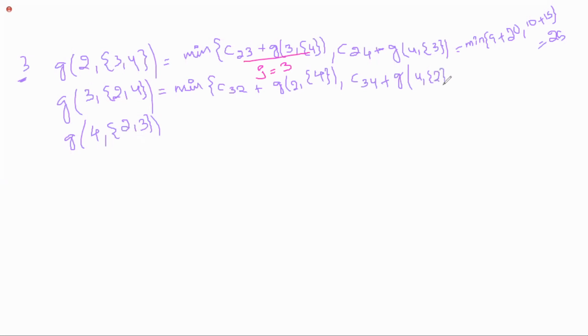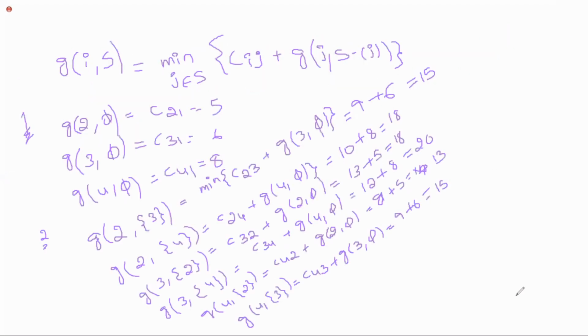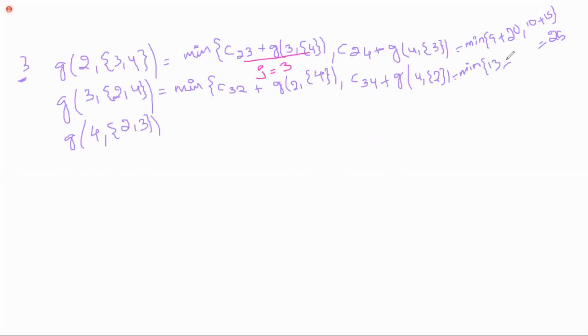What is C32? Can anyone tell me? 13. 13, ma'am. What is G24? We'll see. 18. G24 is 18. Very good. What is C34? 12. What is G42? 13. Which one is minimum? 12 plus 13. 25 is the minimum. This is also okay.